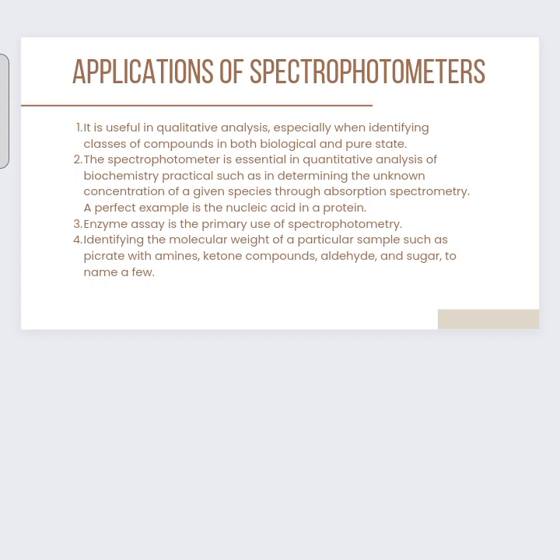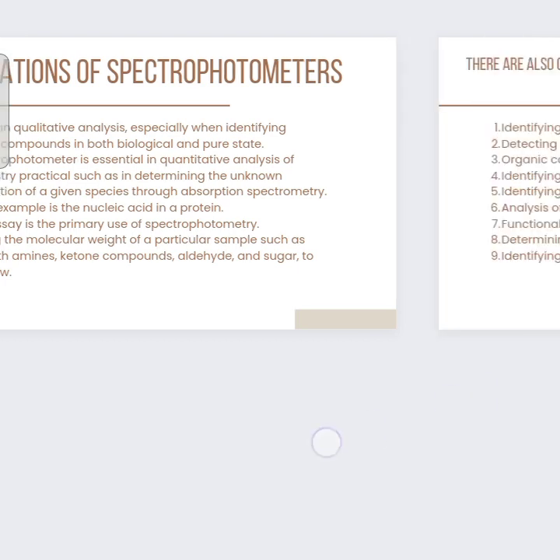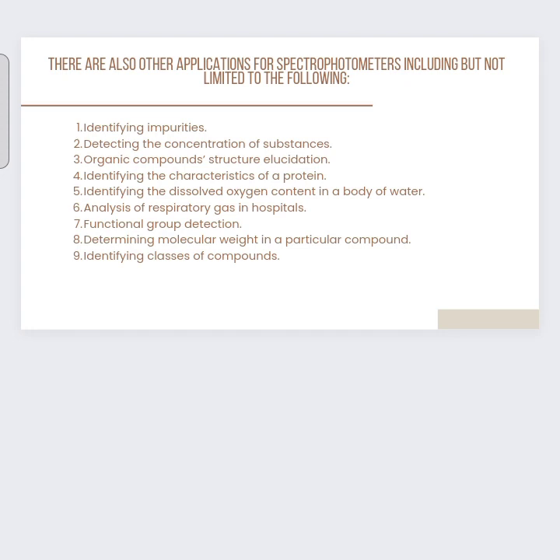A perfect example is nucleic acid and protein. Third, enzyme assay is a primary use of spectrophotometry. Fourth, identifying the molecular weight of a particular sample such as amines, ketone compounds, aldehydes, and sugars, to name a few. There are also other applications for spectrophotometers including but not limited to the following.